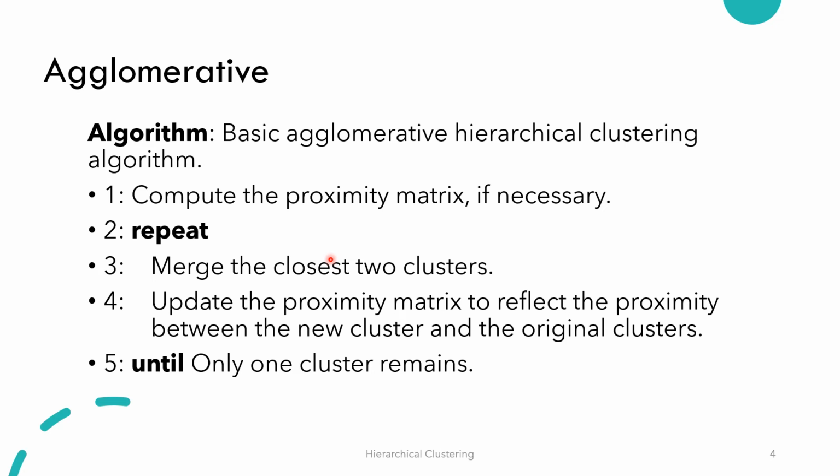Now we take two clusters that are close to each other, we merge them, and we repeat this process with another cluster so that at the end we only have one cluster. So here steps 3, 4, 5 are repeated until only one cluster remains.